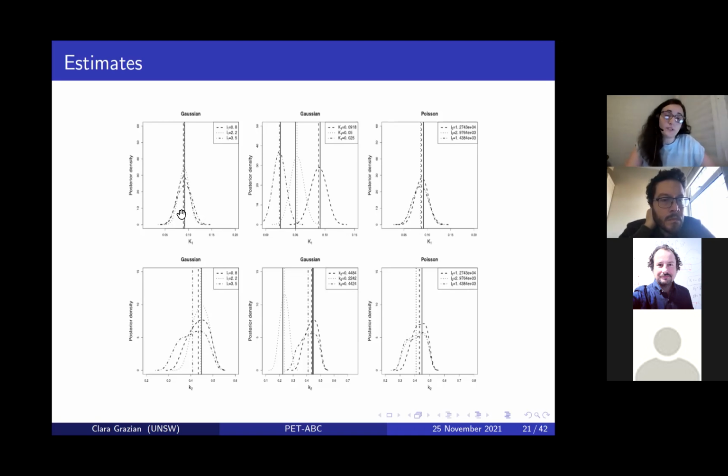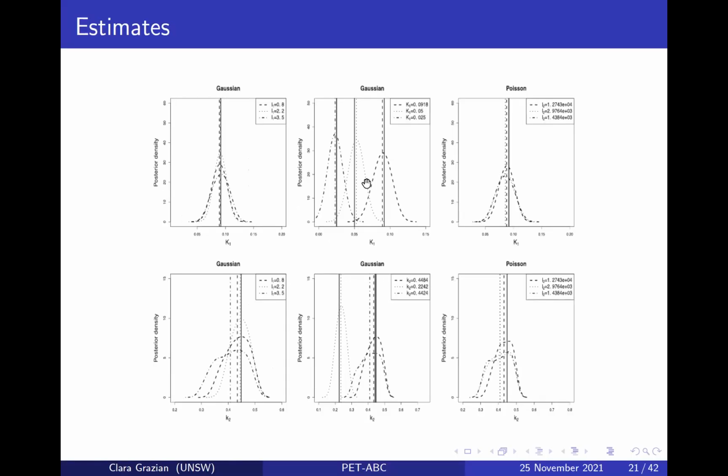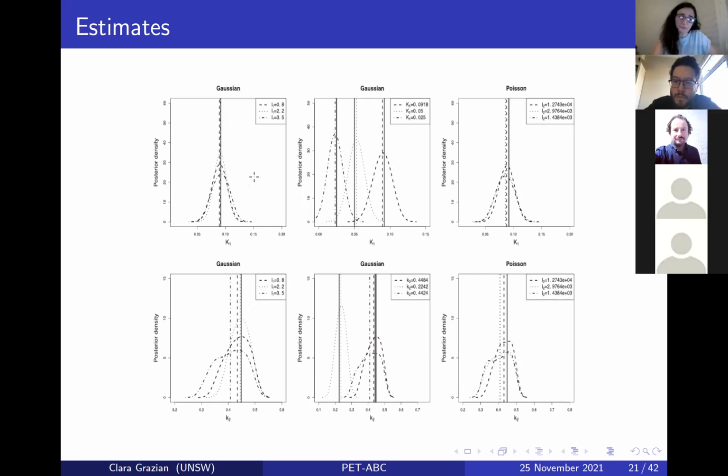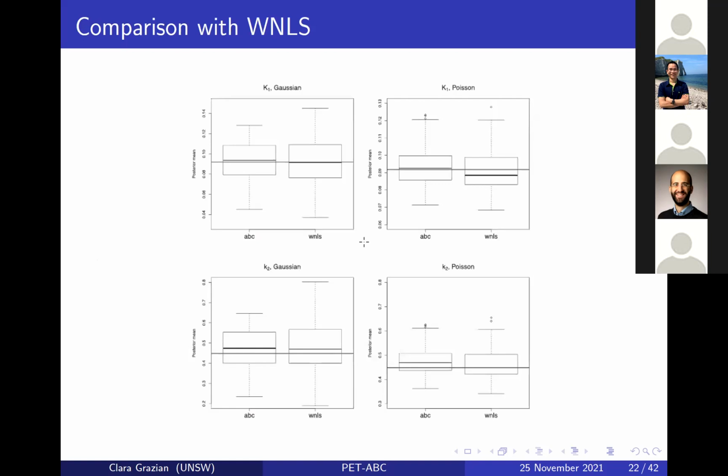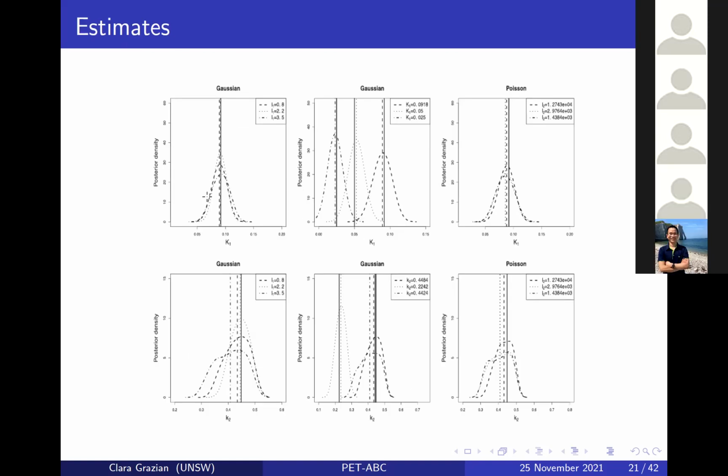And these are for different levels of tolerance, different levels of noise. In particular, K1 is quite well estimated around the truth. The vertical lines are dashed and dotted for the posterior means, and the solid lines are the truth. In terms of parameters, K1 seems to be better estimated than K2.